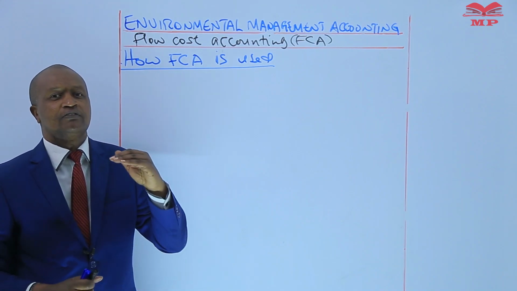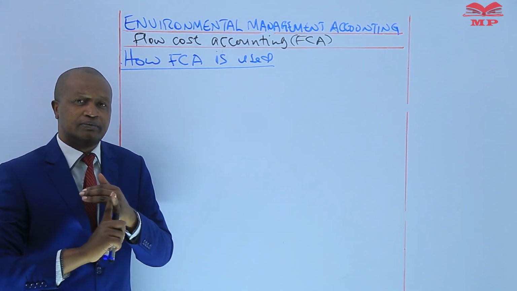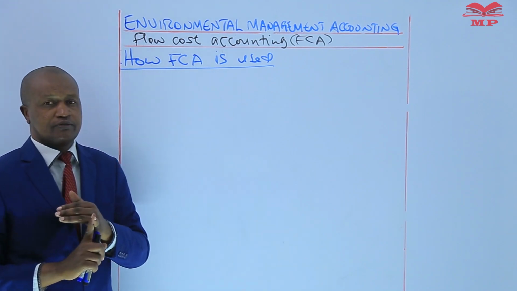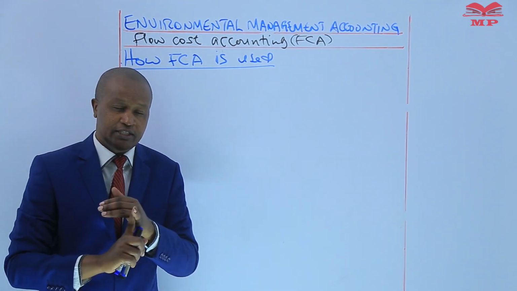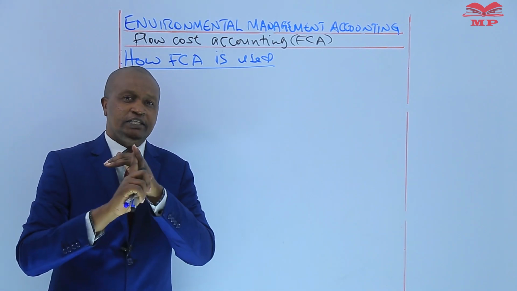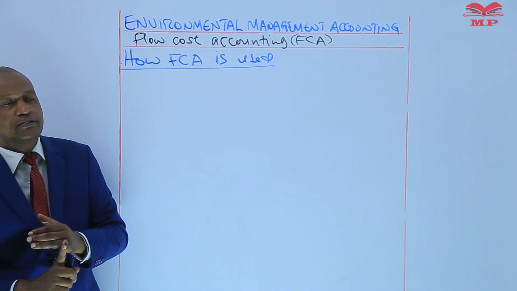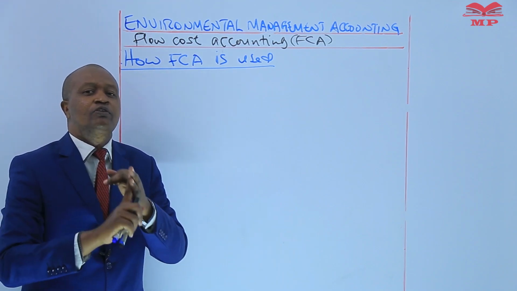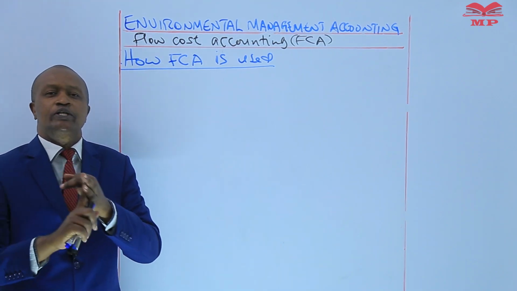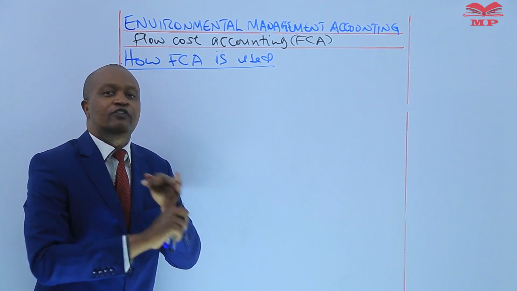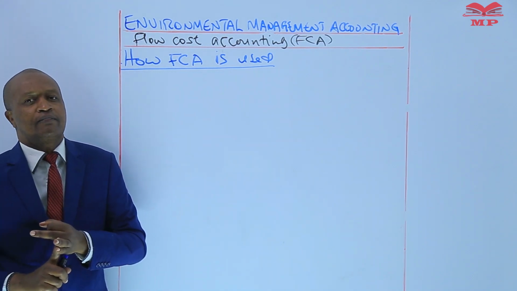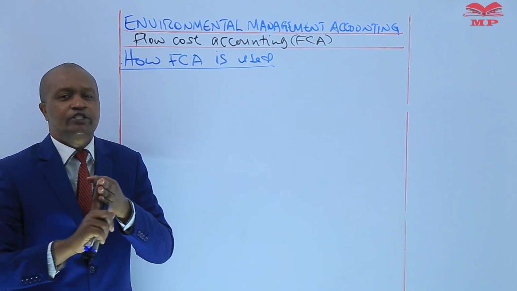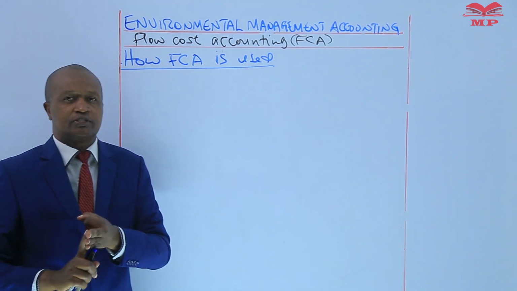There are 5 steps. The first step is to identify material flows. Step number 2, quantify material flows. Step number 3 is costing material flows.